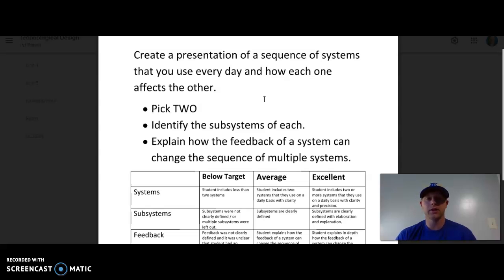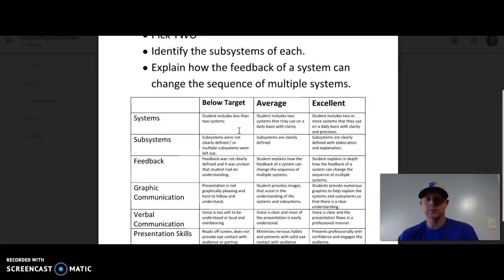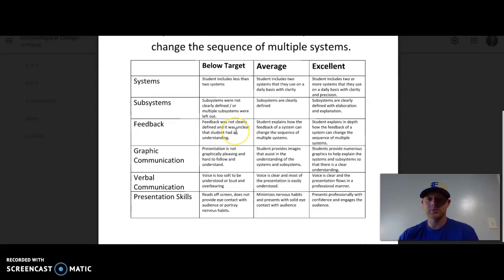You can just talk about how they're 2 different systems, but they work together. So you're going to pick 2 systems, whichever 2 you want to. Create a PowerPoint presentation, Google Slides, however you want to do it. Identify the subsystems within each system. So those smaller systems within the computer and within the mouse, for example.